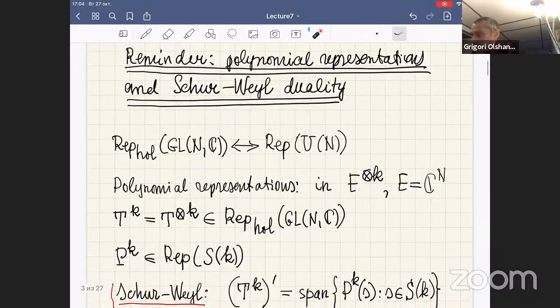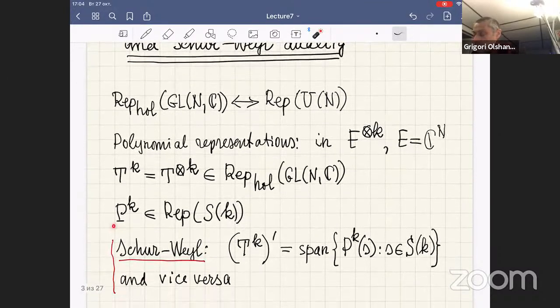Next, we consider the representation of the symmetric group, which acts on this space by permutations of the copies of this space.